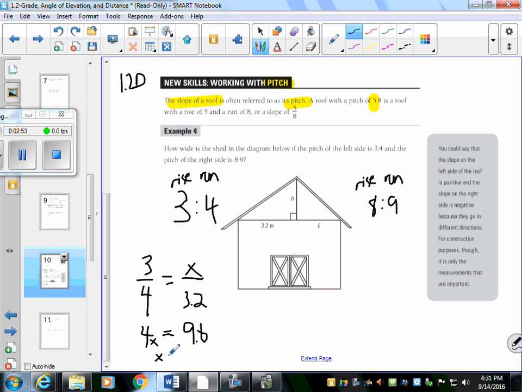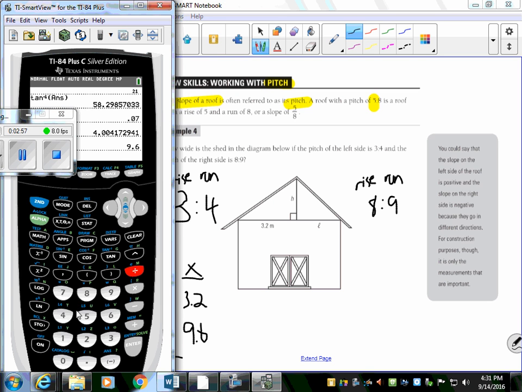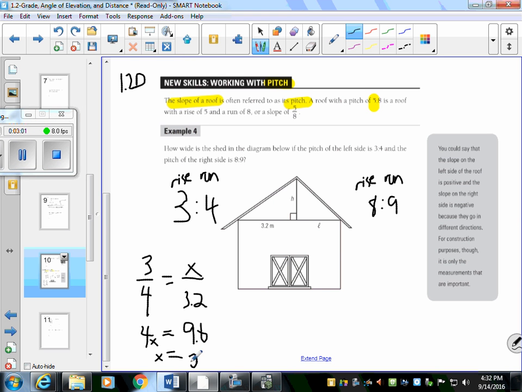So we get x is equal to whatever 9.6 divided by 4 is. 2.4. So x is 2.4. What does that mean? It means the rise, when the run is 3.2, the rise is 2.4. So we can come up into this diagram and label it as 2.4.